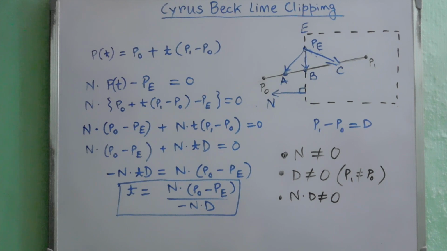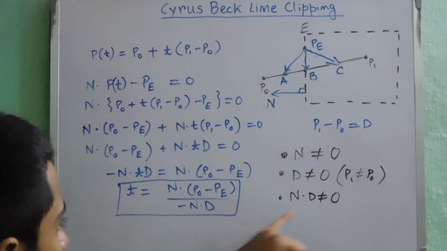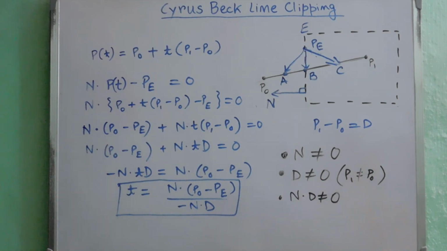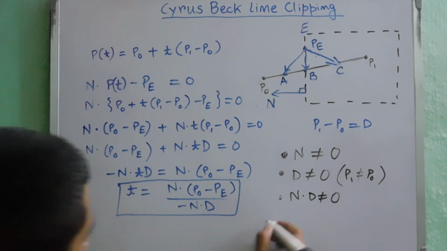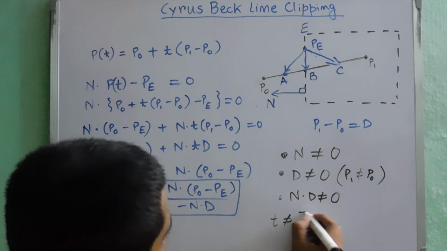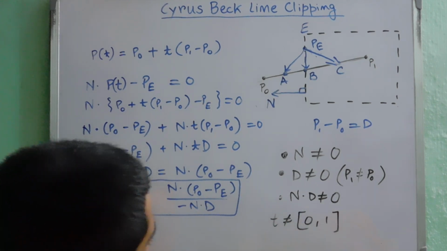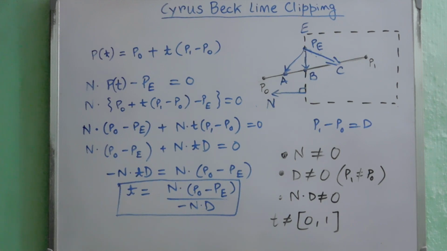Therefore there is no question about clipping, so that can't be allowed. So N dot D can't be equal to 0. Also, if N dot D becomes 0, then the value of T will not be between 0 and 1, but the value of T must lie between 0 and 1. So we can't allow the dot product between N and D to be 0. So this was all about the Cyrus-Beck line clipping algorithm.